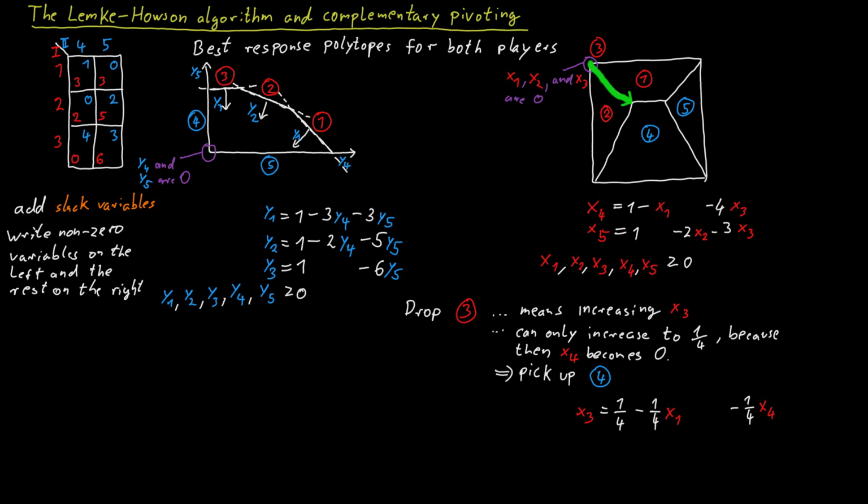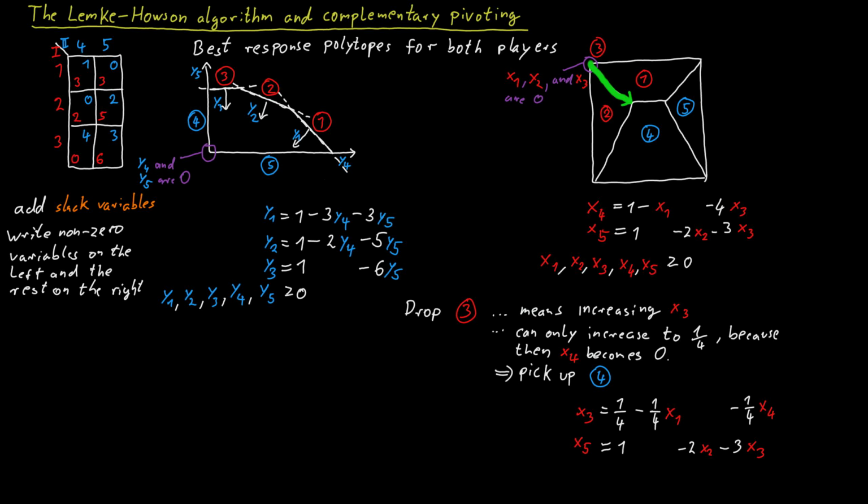It's exactly the same equality, we just moved the variables around. And the second equality basically stays the same, but there is a problem here because we have x3 on the right-hand side, and it shouldn't be there because x3 is not 0 anymore. So we have to get rid of it.